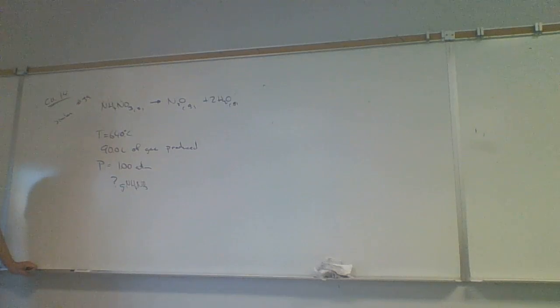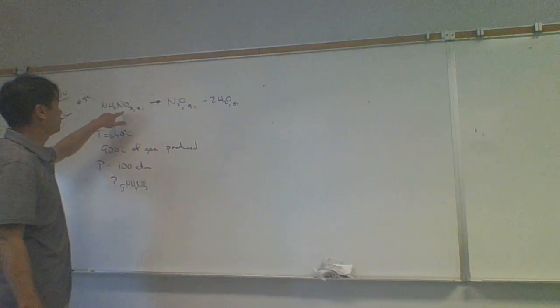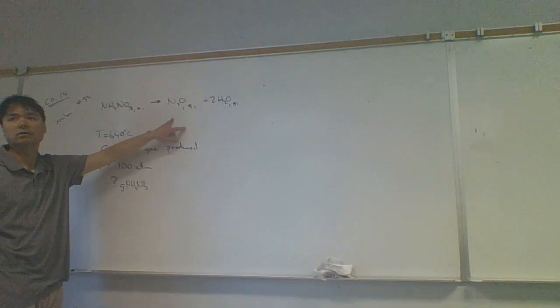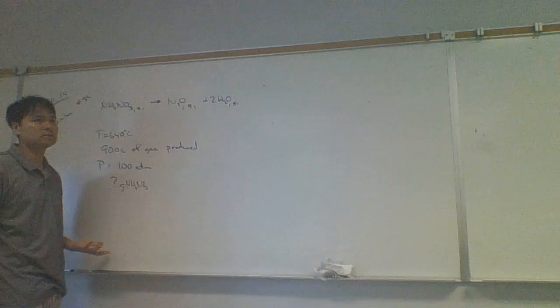And so what do we do in this case? There are different ways of handling this. One way is by doing this. For every mole of ammonium nitrate, we form how many moles of gas? 3 moles of gas. So we could use that as a ratio.